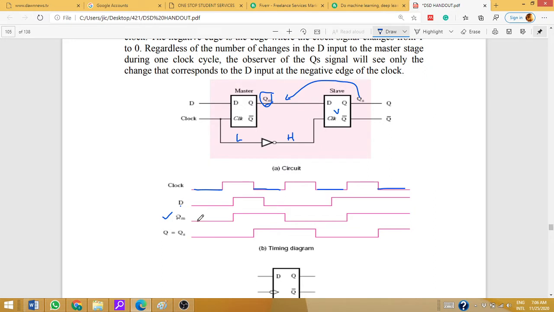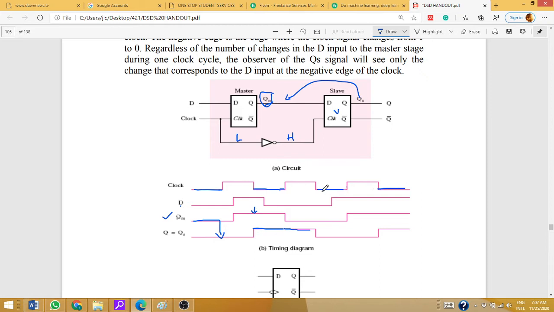Low, so this low continues. Now for the second low level of the clock, what is on QM? It is high, so Q is high here now. Then QM changes to high, and we are not interested in the high clock level, so Q will continue whatever it is till the end. So it stays high here.